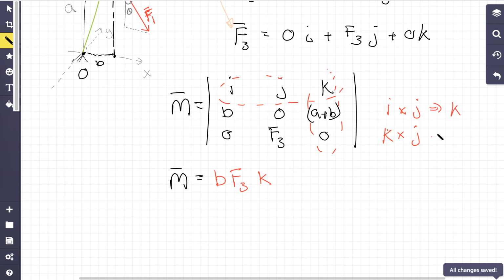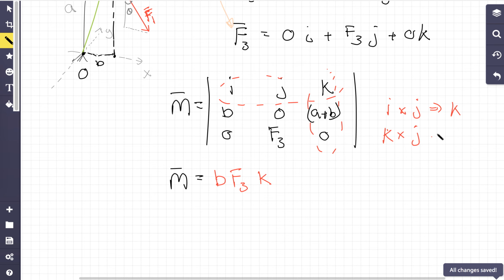In order to do that, there are many different ways to think about this, and many different strategies. But what I usually do is put a little line here, and I can cross out this one and this one first. I cross j gives me a k.